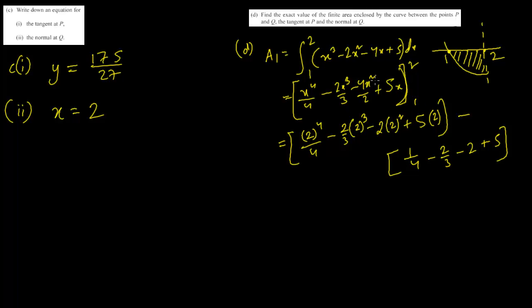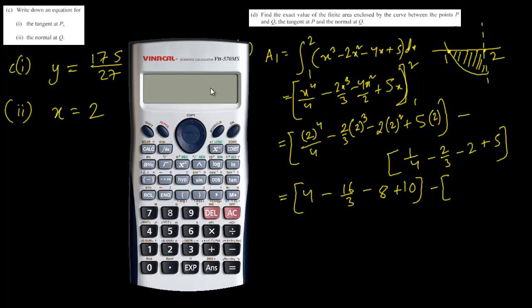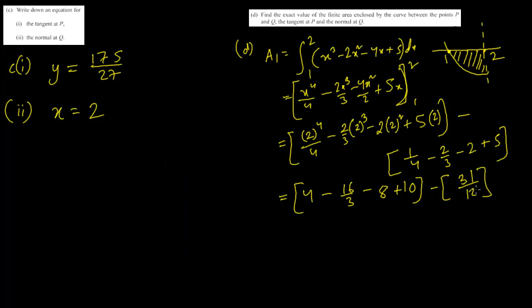Here 2 to the power 4 is 16, 16 by 4 is 4, minus 2 times 8 is 16 by 3, minus 4 times 2 is 8, plus 10. Let's do the lower one using the calculator directly. 1 by 4 minus 2 by 3, and 5 minus 2 is plus 3. So this portion would be 31 by 12.